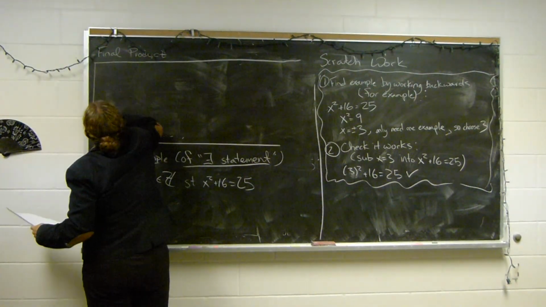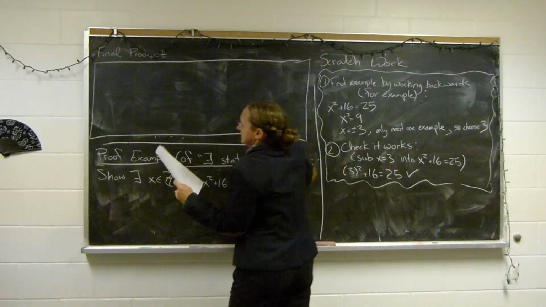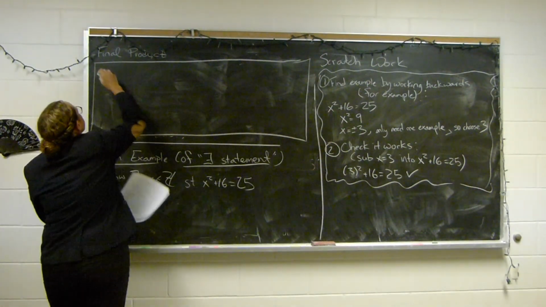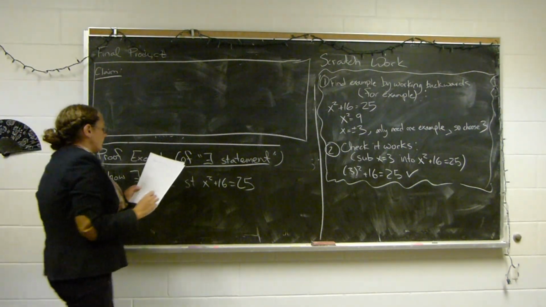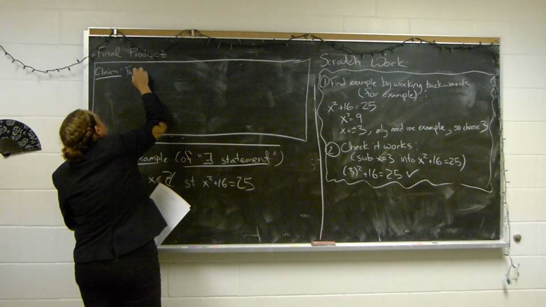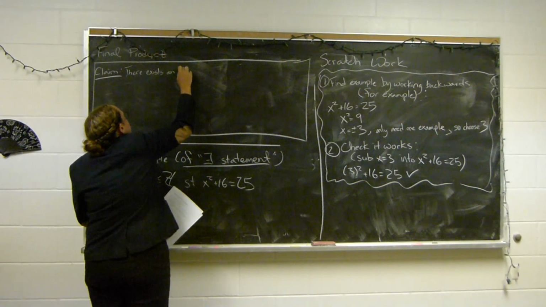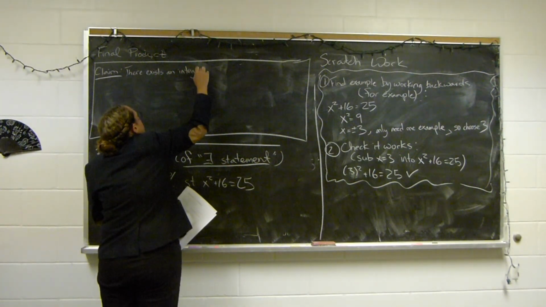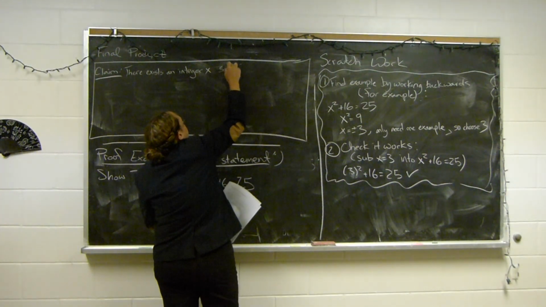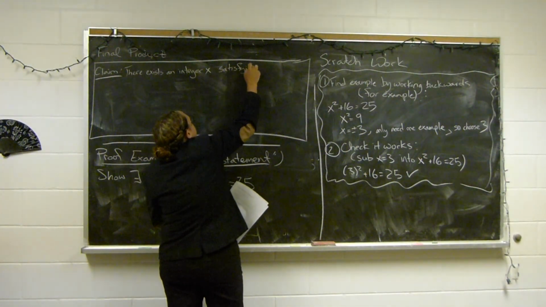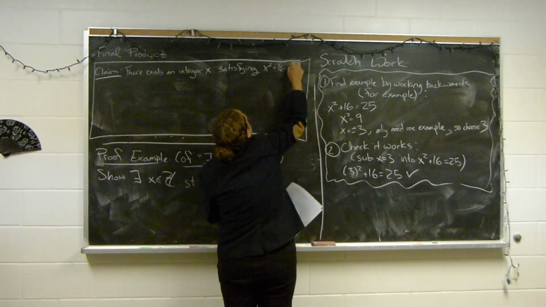Okay, so for a final product, I'm going to make a really nice box, unlike my squiggle box. Okay, so claim: there exists an integer x satisfying the equation x squared plus 16 equals 25.